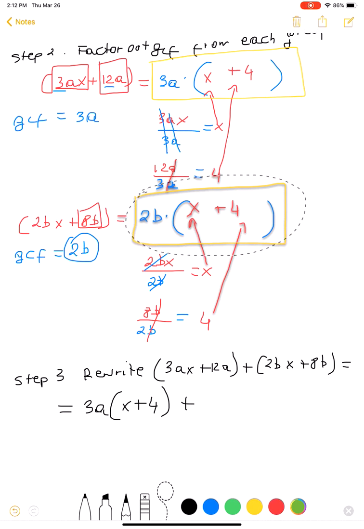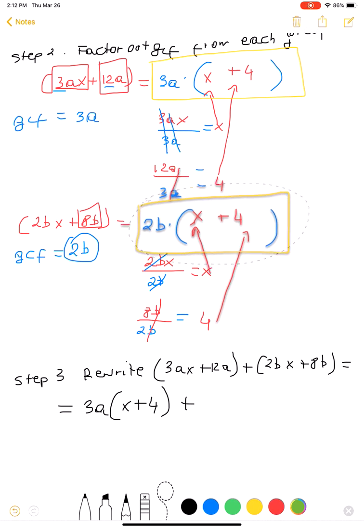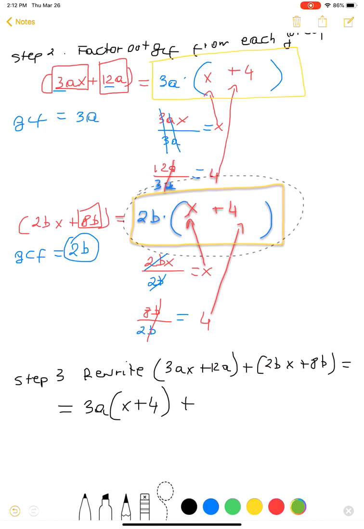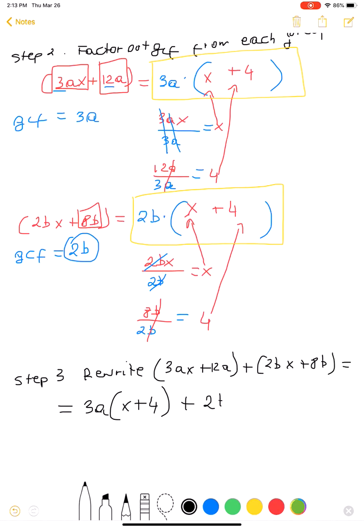We're going to replace 2bx plus 8b with 2b times x plus 4. So we rewrite the expression from step 2 with the factors of the GCF.